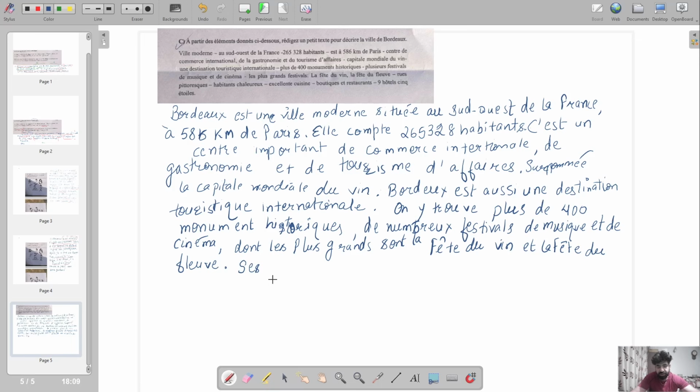Then we have to write about the city, so about the streets and the people there. So we write says Rus pictures que says habitants chaleureux, so basically warm residents, excellent cuisine, so excellente cuisine.